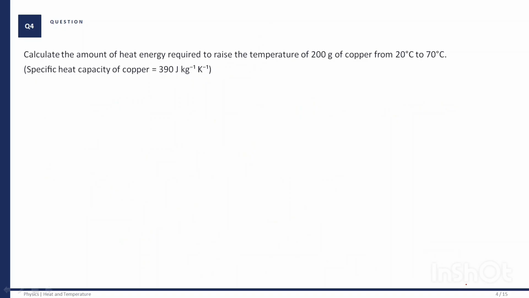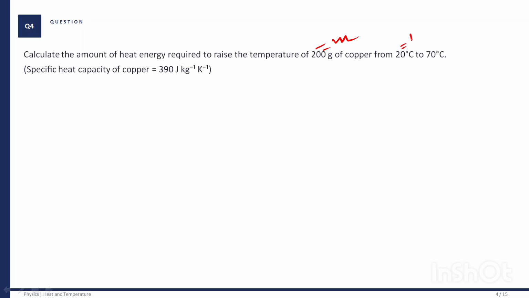Calculate the amount of heat energy required to raise the temperature of 200 gram of copper from 20 degrees Celsius to 70 degrees Celsius. Specific heat capacity of copper is 390 joule per kg Kelvin. So what is given here? Given mass is 200 grams.